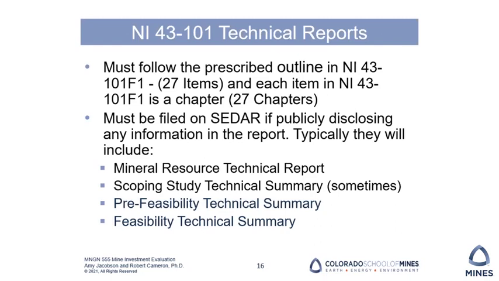This is a document which has 27 items, and each of these items becomes a chapter in the technical report, the NI 43-101 technical report. Now, these reports must be filed on SEDAR, and I think that you guys have already had some practice in looking up and finding reports on SEDAR.